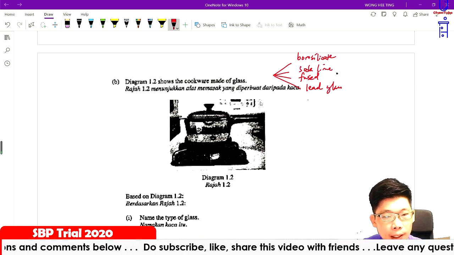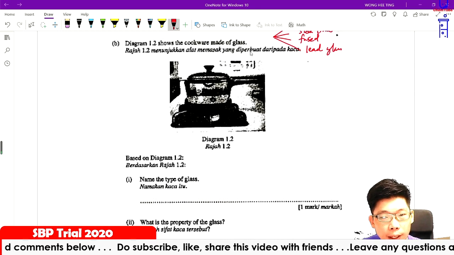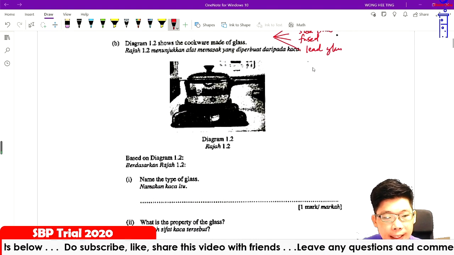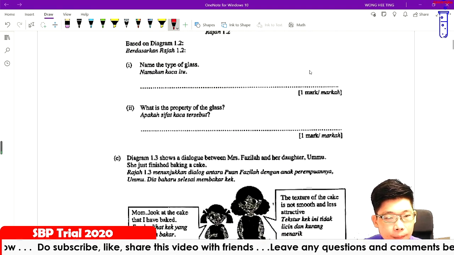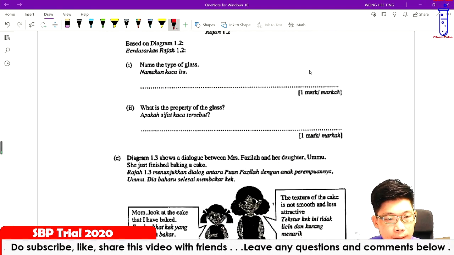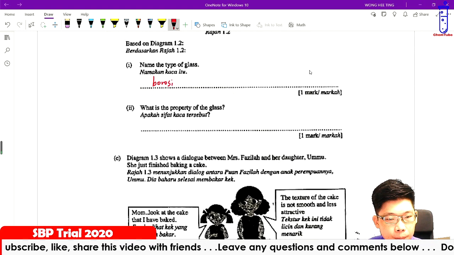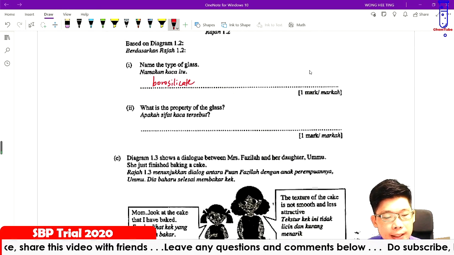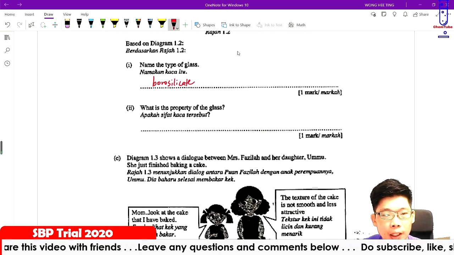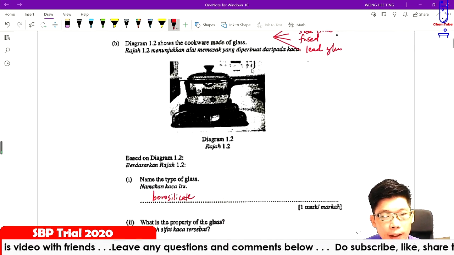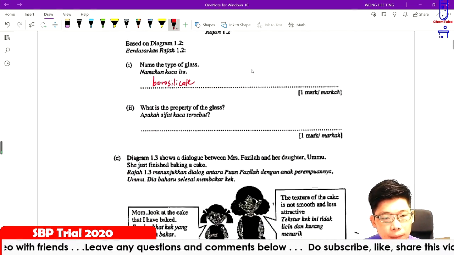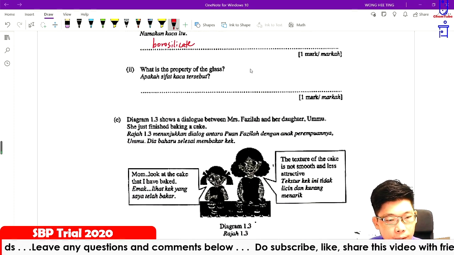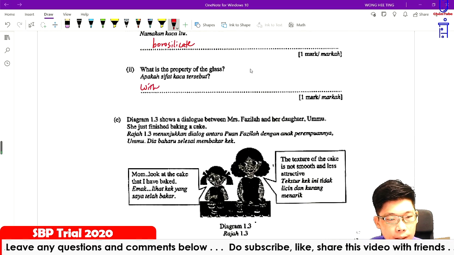So here, the cookware is borosilicate glass. So what are the properties of this type of glass? If used to make the cookware, very logical, it can withstand a very high temperature.